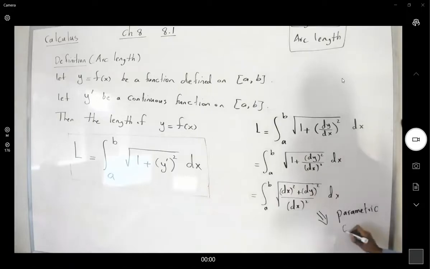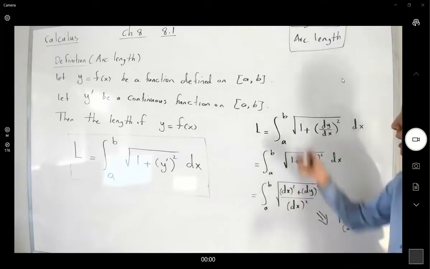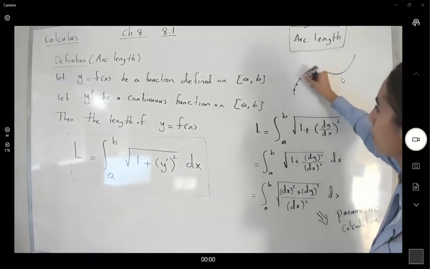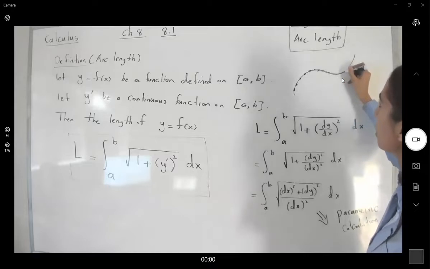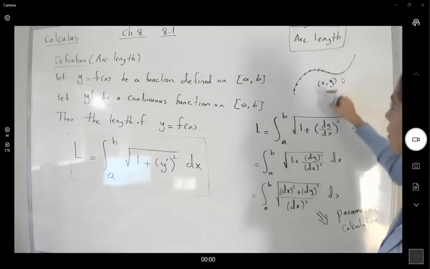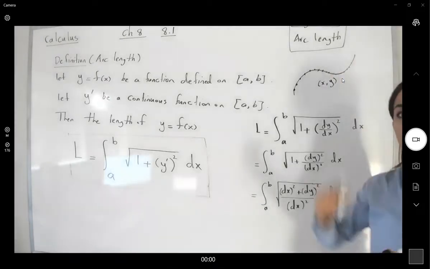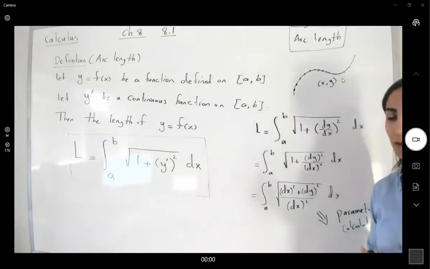Parametric calculation. So later on, we're going to define a new variable like time. Remember that this is a graph in the xy plane. We are following the position of a particle, in each position you have x and y, and they are following each other, and this is the path of that particle.